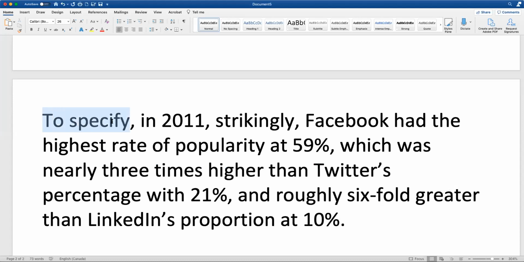So to specify in 2011 strikingly, we go from the highest.